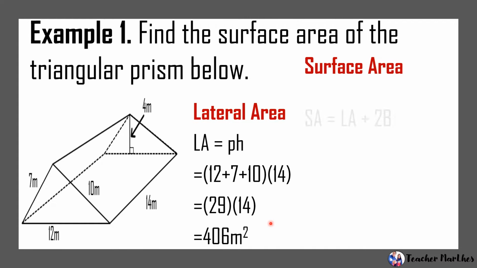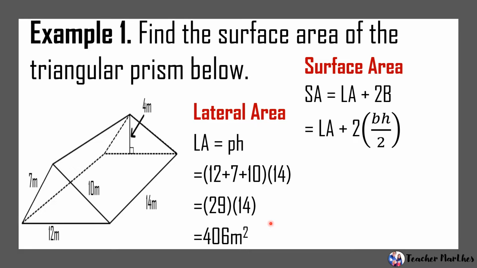So, next is for the surface area, we have the formula of lateral area plus 2 times B or bases. For the base, we have base times height divided by 2. Kasi ang base niya ay triangle. So, ang area ng triangle ay base times height divided by 2.